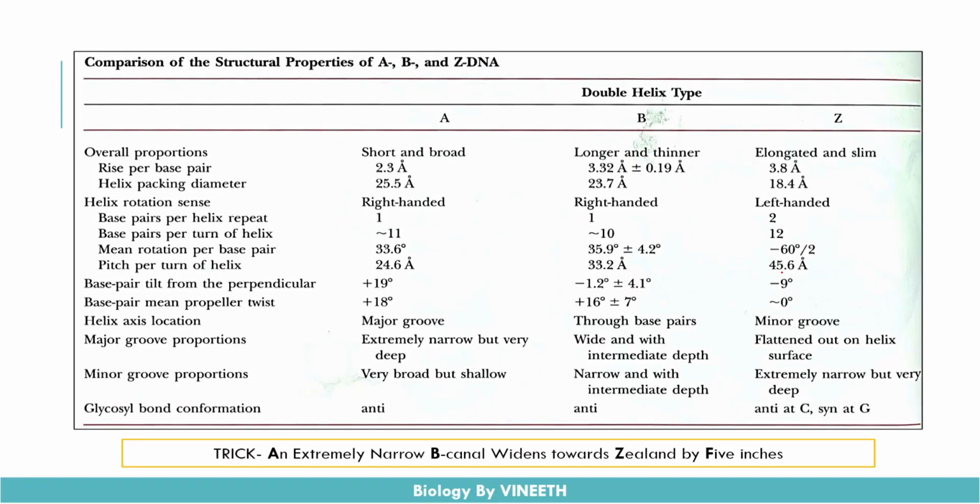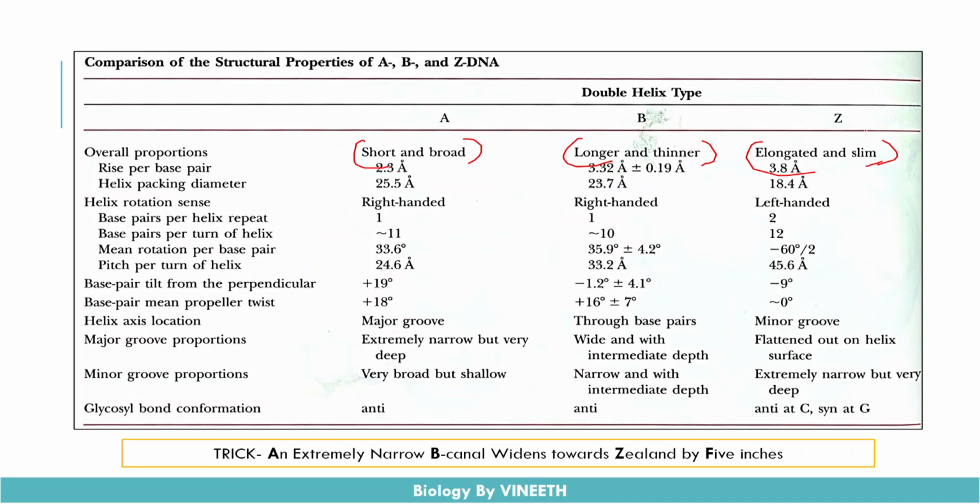Okay, this is the comparison table for A, B, Z DNAs. If you look at the overall proportions of the DNA, A-DNA is short and broad, much shorter than B-DNA, which is longer and thinner, and Z-DNA is elongated and slim.